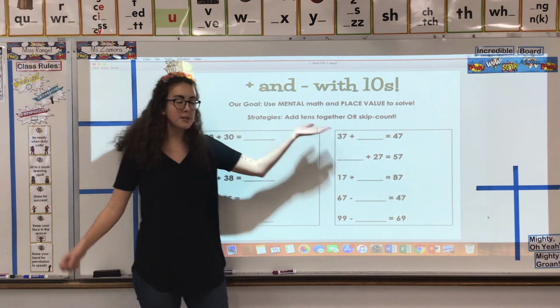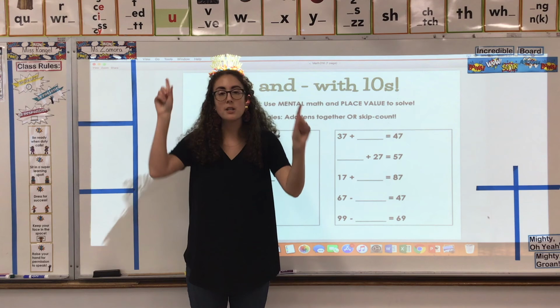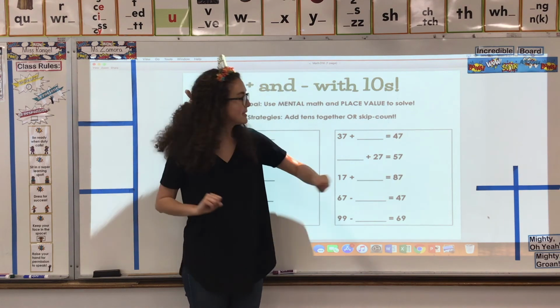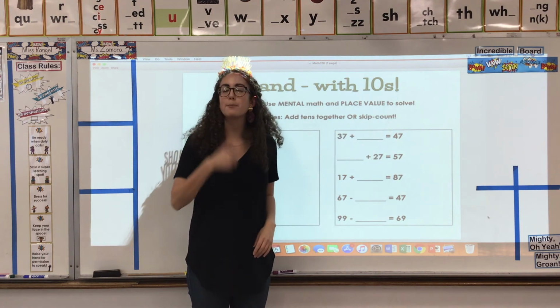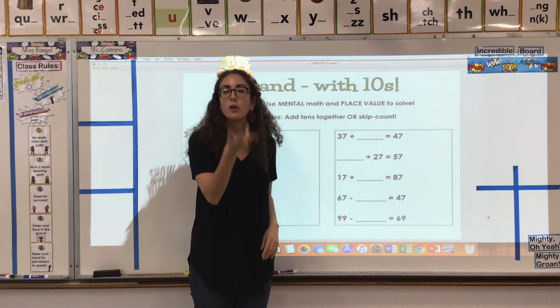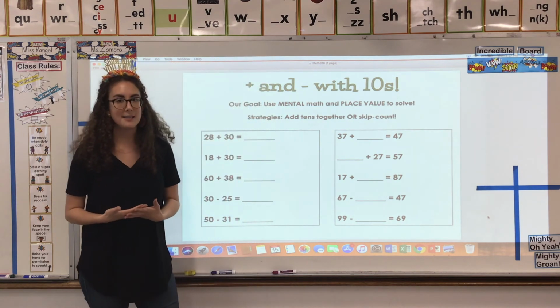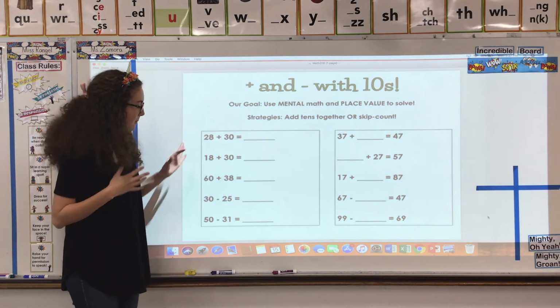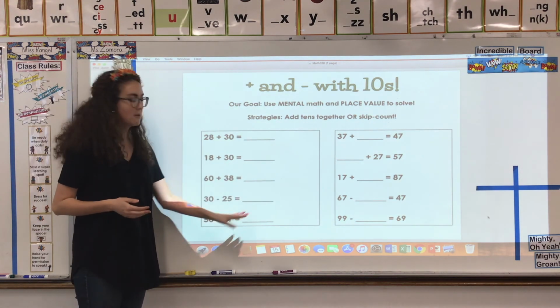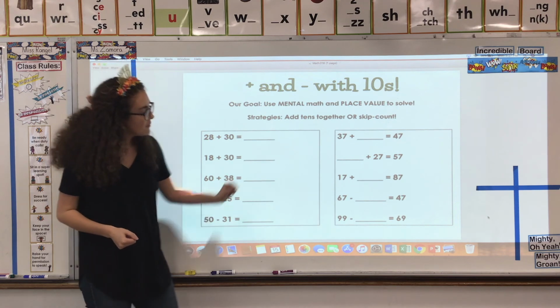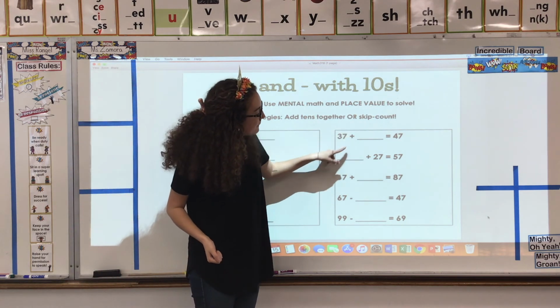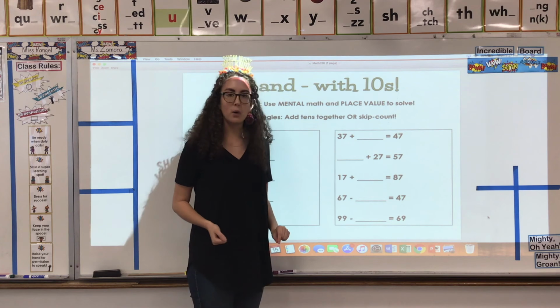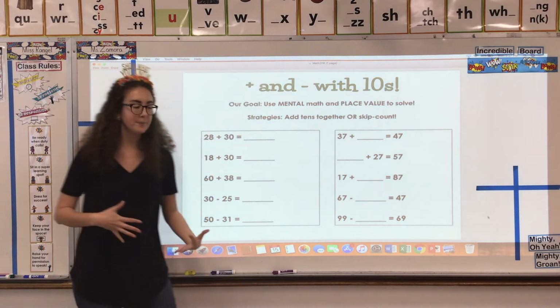So your first option is to add and subtract just the numbers in the tens place, or you can practice skip counting where you're keeping track how many tens. You've got 2 boxes you see up here. This first box is where you need to find the answer. This second box is where you're missing one of the parts of the equation and you have to fill it in.